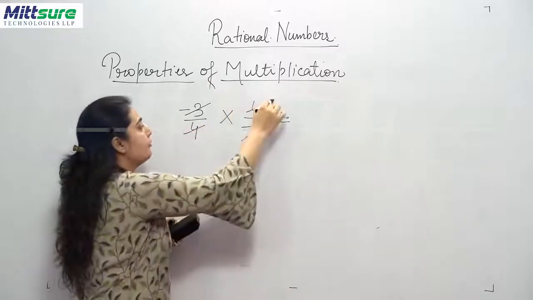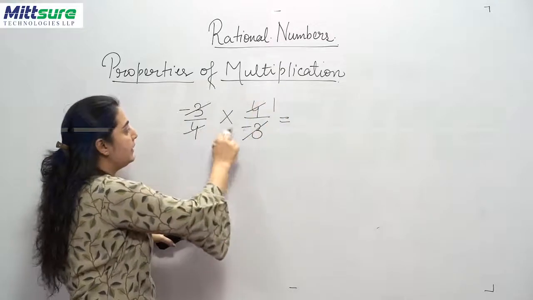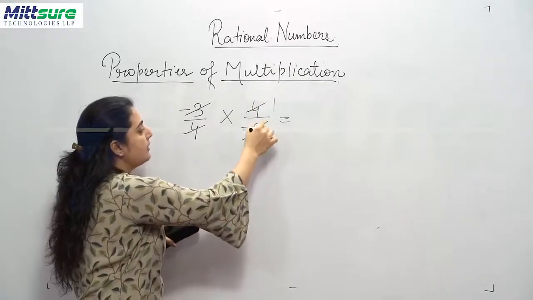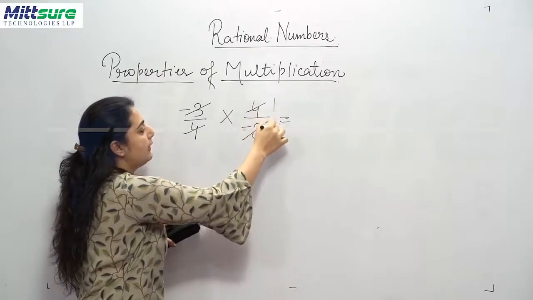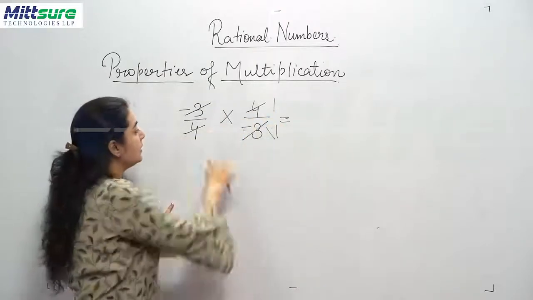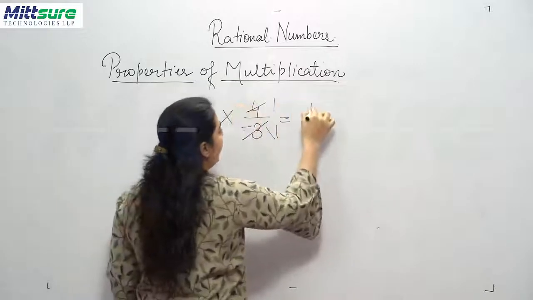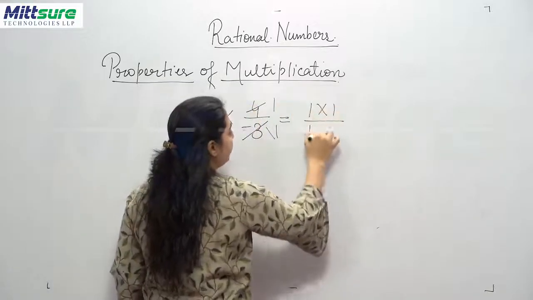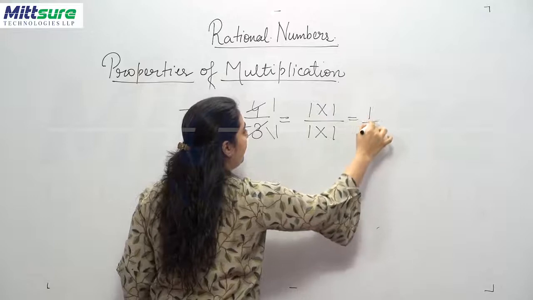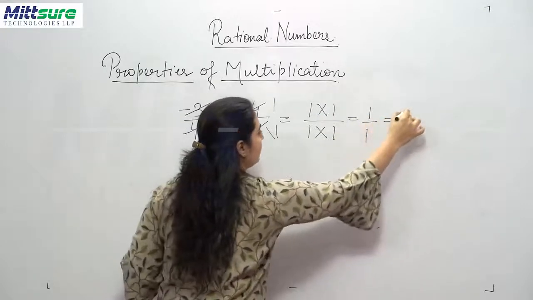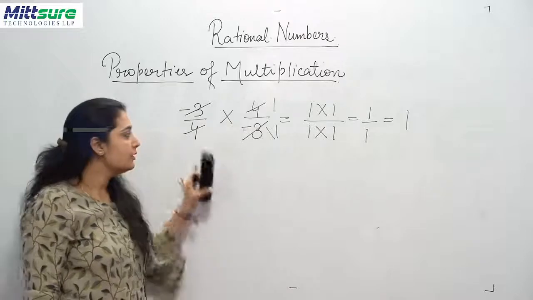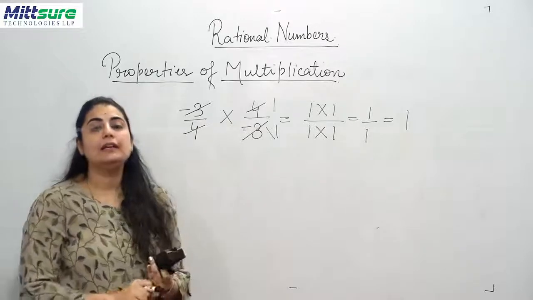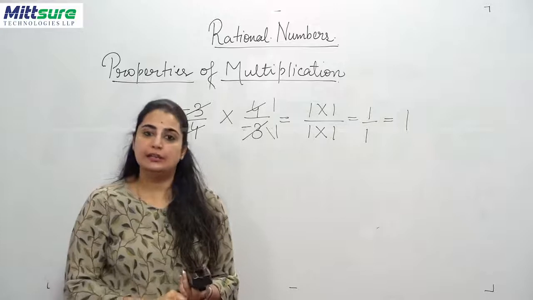So 4 ones are 4, 1 here, and minus 3 into minus 3, minus 3 got cancelled with minus 3 one time again. Okay, so here what I get as a result is 1 upon 1, which will turn into the single number 1. So this is known as the multiplicative inverse of any rational number.